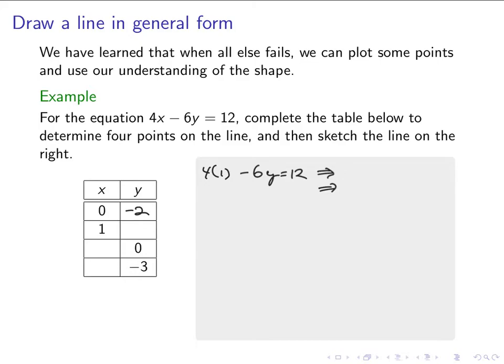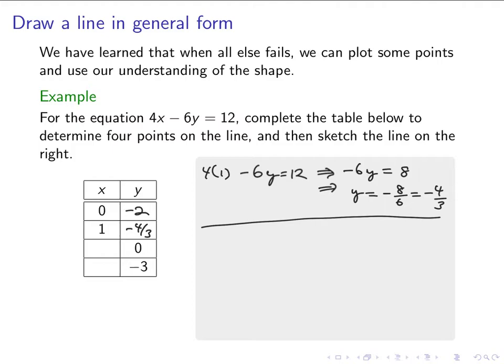And 4 times 1 is 4, of course, so if I subtract 4 from both sides of this equation, it'll say -6y equals, and then 12 minus 4 is 8. So -6y equals 8. Divide both sides by -6 again. I'll have y equals -8 over 6, which can be reduced to -4 over 3. So when x equals 1, y is -4 thirds.